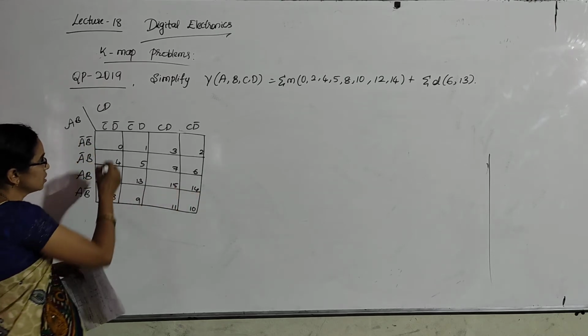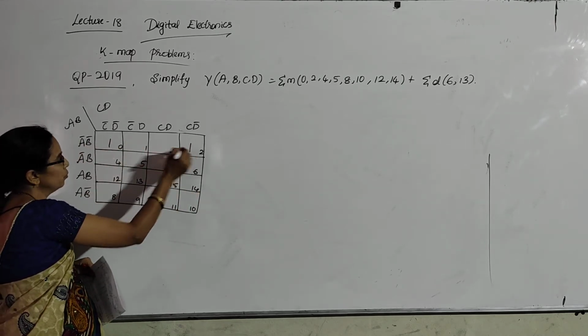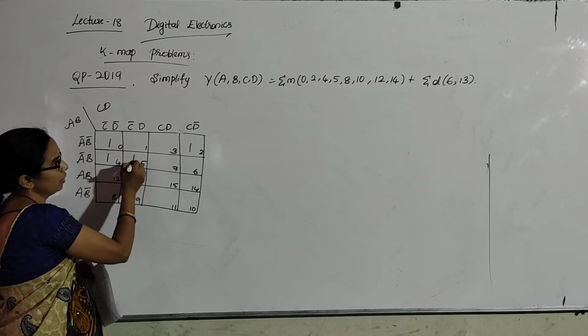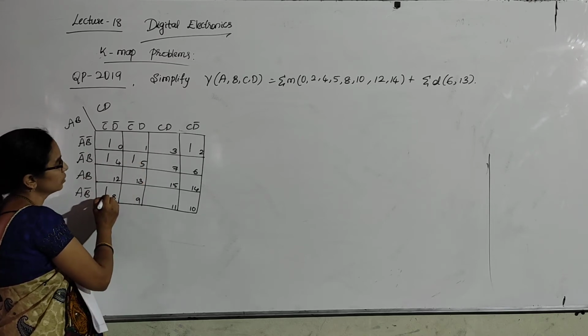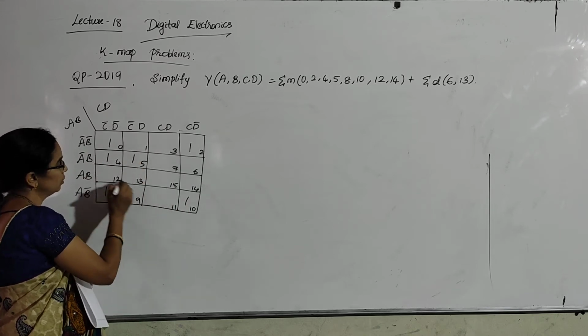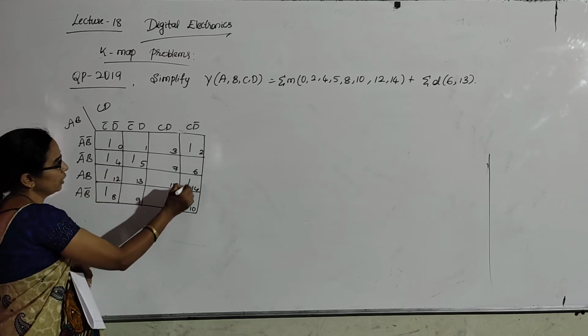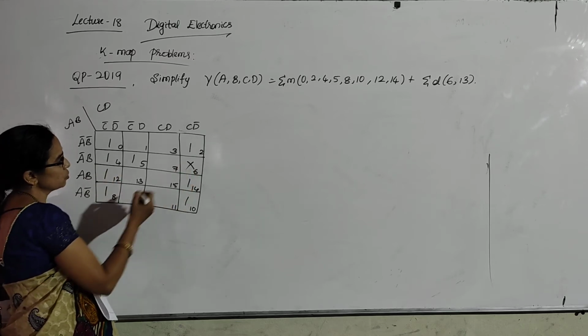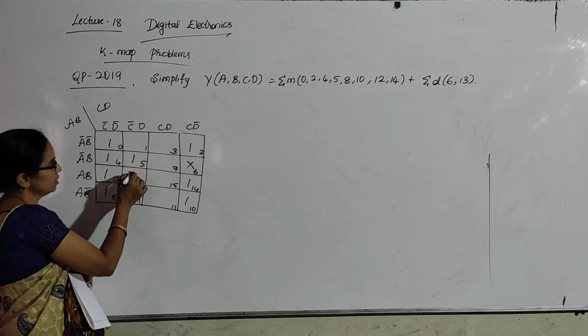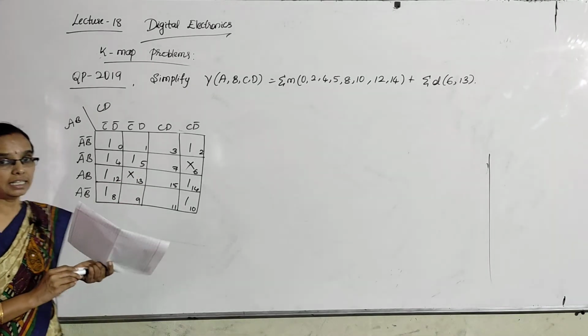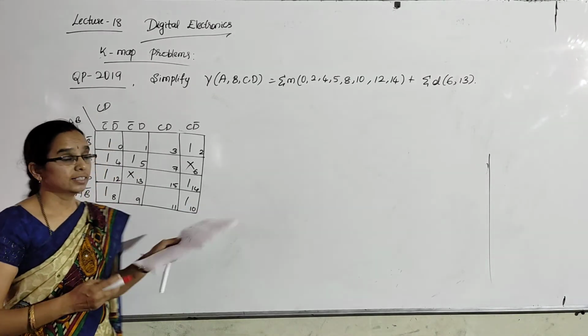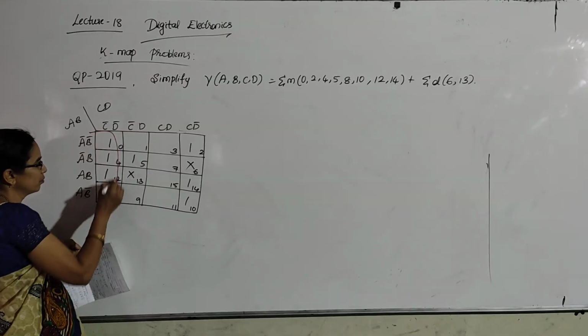Okay, markings 0, 2, 4, 5, 8, 10, 12, 14, and 6 is don't care condition and 13 is don't care condition. Very easy it is, just like the last problem.